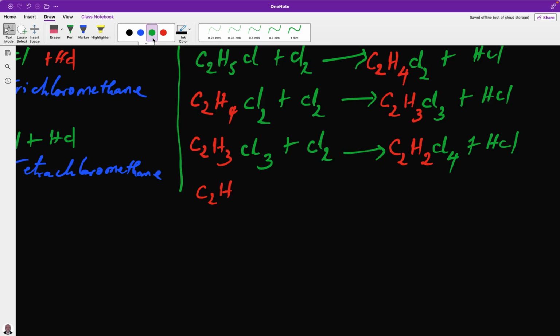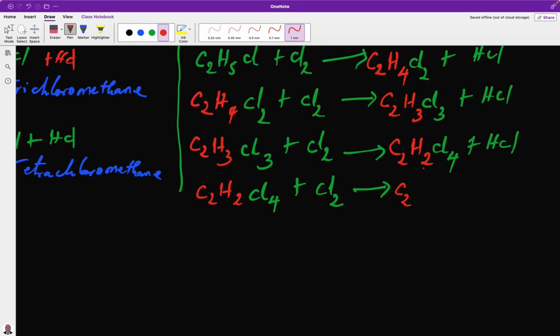We have C2H2Cl4 plus chlorine molecule. We will have C2. Now what happens?